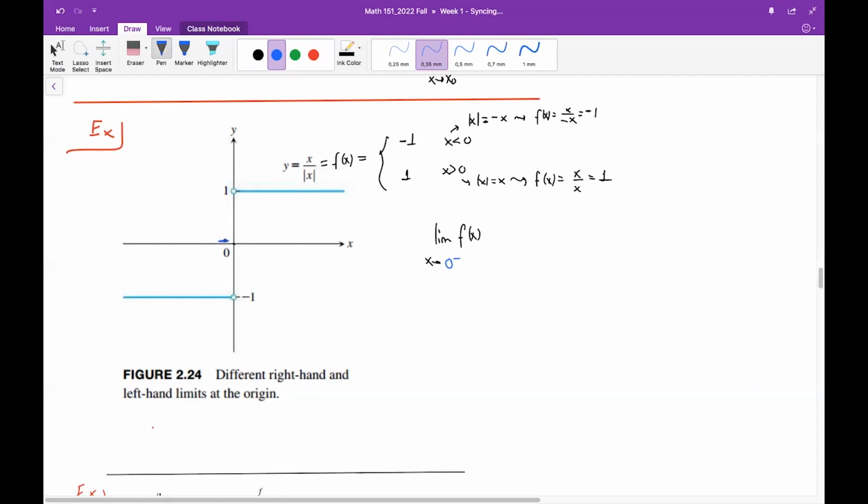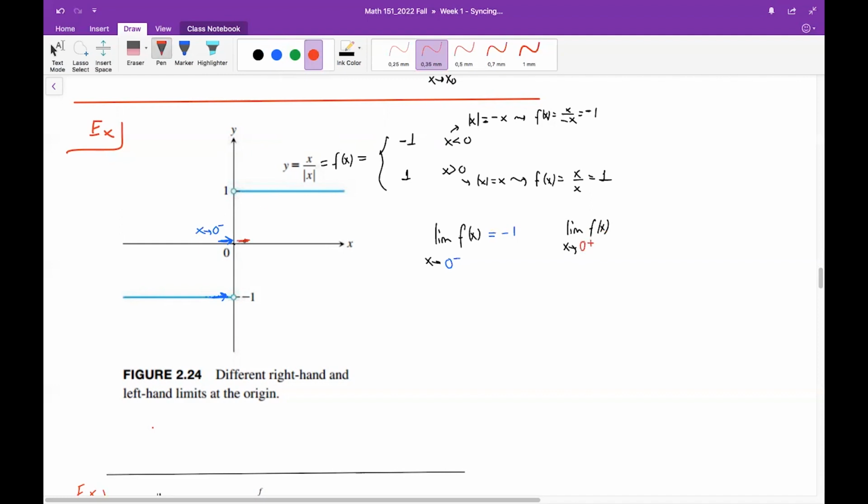Okay. I am approaching 0. x goes to 0 from left. Then what happens to the values of your function? You see, the values are always constant when you approach 0 from left. All the values are -1. That's why the left-hand side limit is -1. Then I can look at the other one-sided limit, which is x goes to 0 from right.